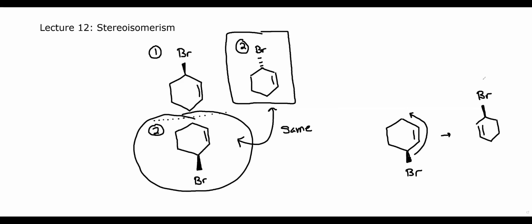Now, in order to go from here to the next part, I'm just going to flip the molecule over. I'm going to envision putting a spatula under this molecule and flipping it over. If we did that, that double bond would end up on the other side. And the bromine that's coming out towards us will now be going away from us.